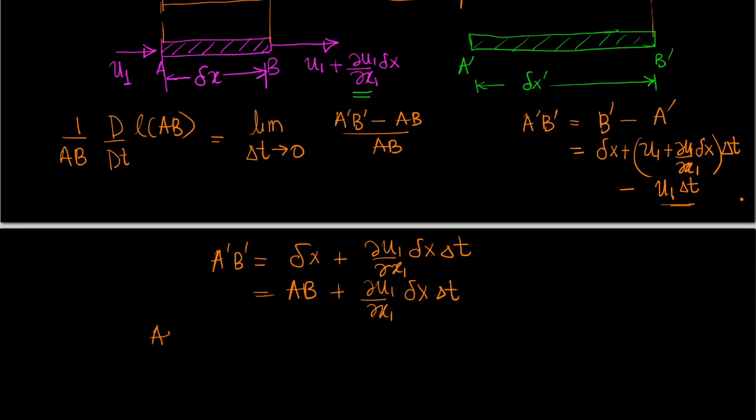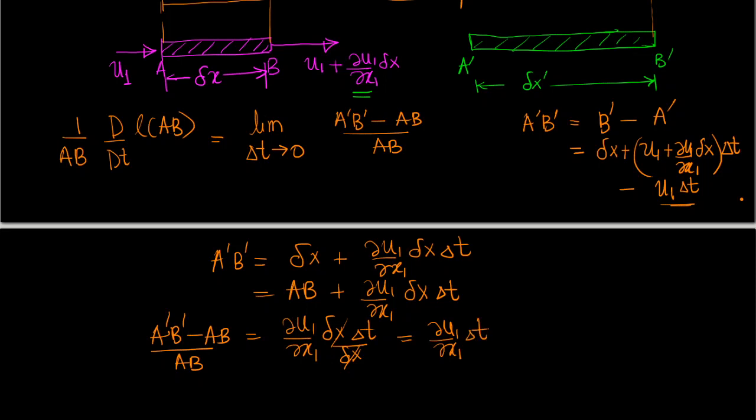Hence, A prime B prime minus AB will be del u1 del x1 delta x times delta t. And if I divide everything by the initial length, which is delta x, this particular term cancels out and I am left with del u1 del x1 times delta t.